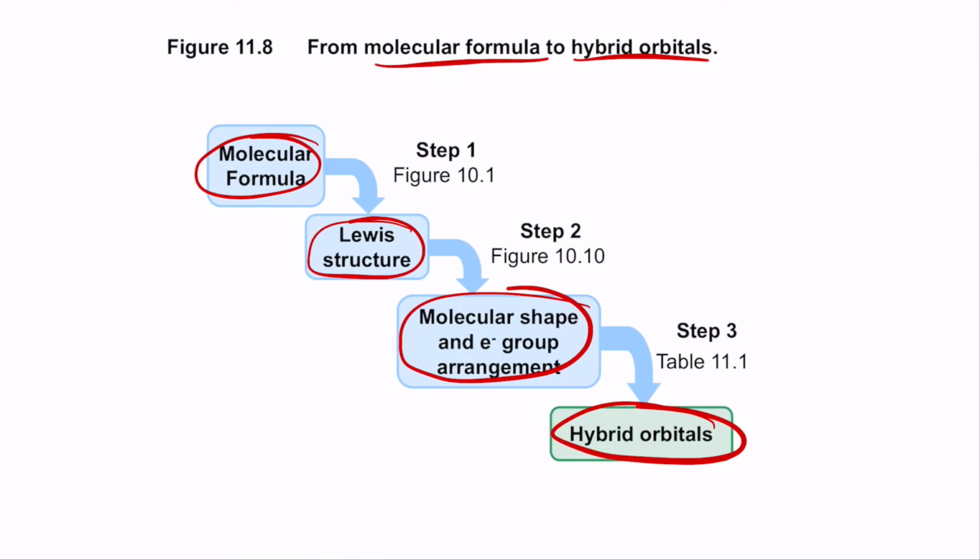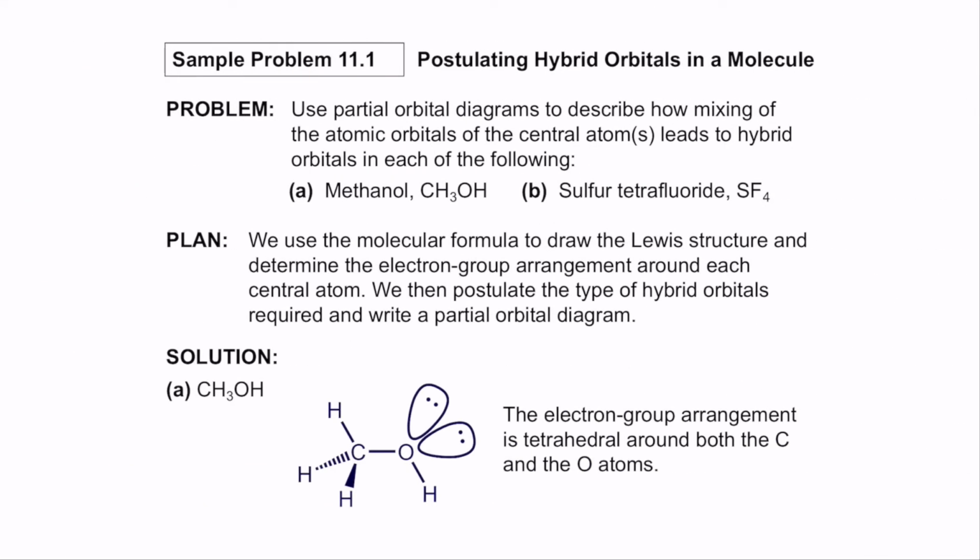Defining the molecular shape and arrangement can show you what type of hybrid orbitals exist inside the structure. So let's take an example of methanol. This is the Lewis structure for methanol. When you look at carbon here, it bonds with 4 atoms and is surrounded by 4 atoms. So it has an arrangement of AX4, which gives a tetrahedral structure.